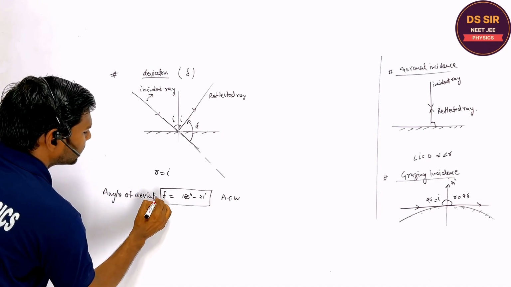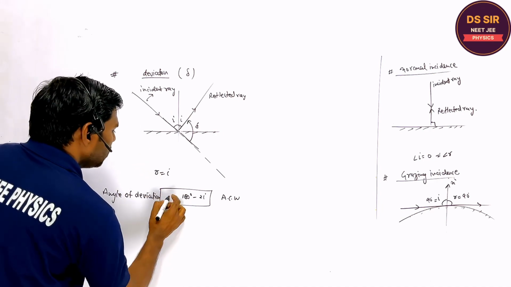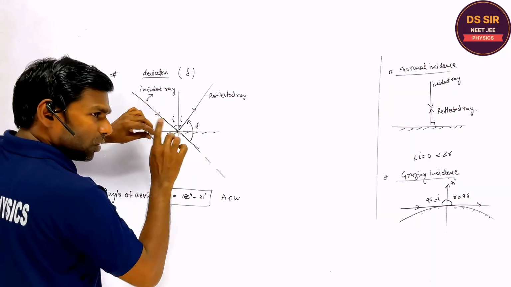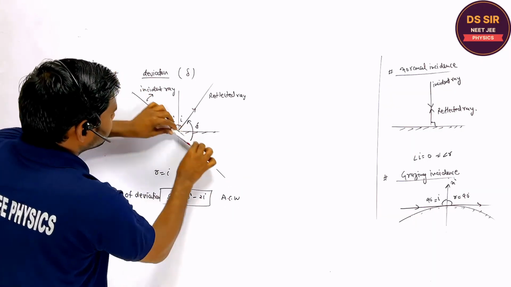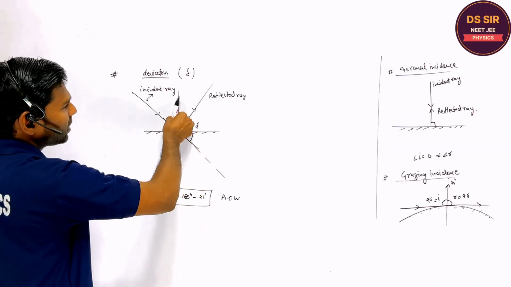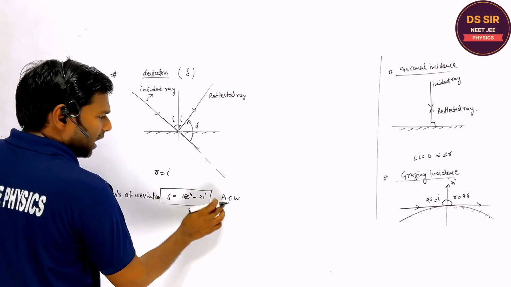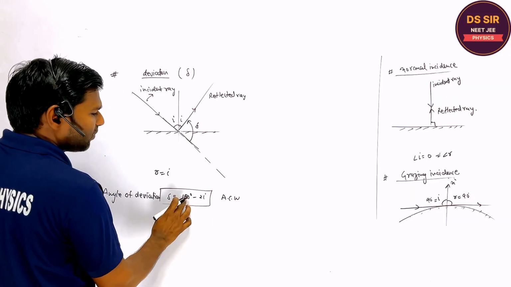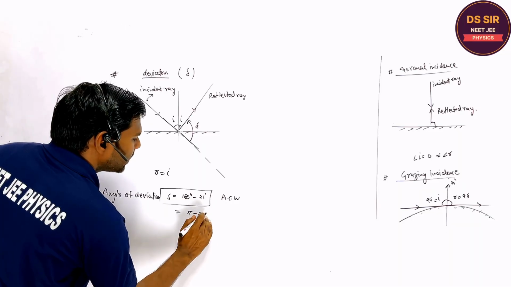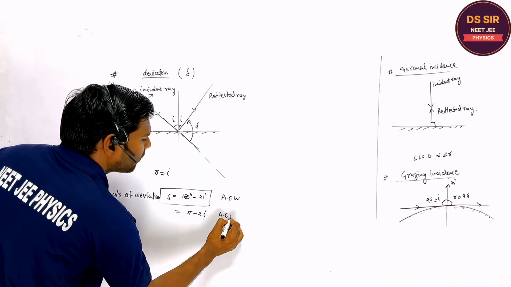Listen, although it is anti-clockwise, sometimes it may also be written differently. If this is the incident ray and the reflected ray is like this, you can say 180 degrees minus 2i, pi minus 2i, is the angle of deviation in the anti-clockwise direction.